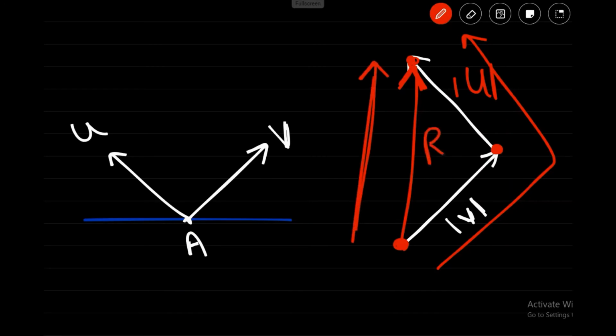And this will give you R, which is the sum of or the resultant of V and U, the two vectors. So V and U were the vectors that you wanted to add up. So we represent them in order. And R is the resultant or the summation of the two vectors, and we represent it in the opposite order.